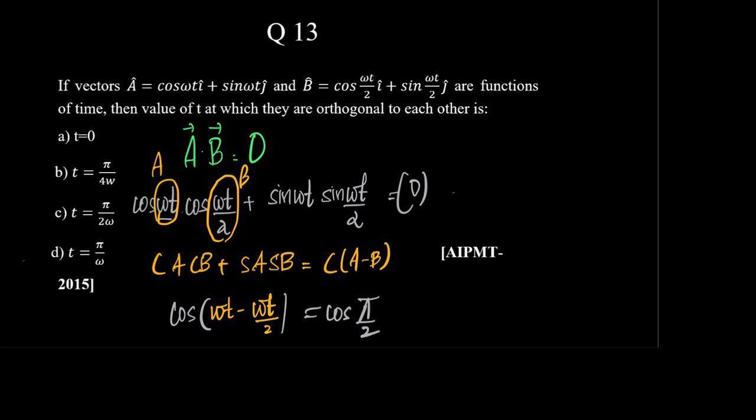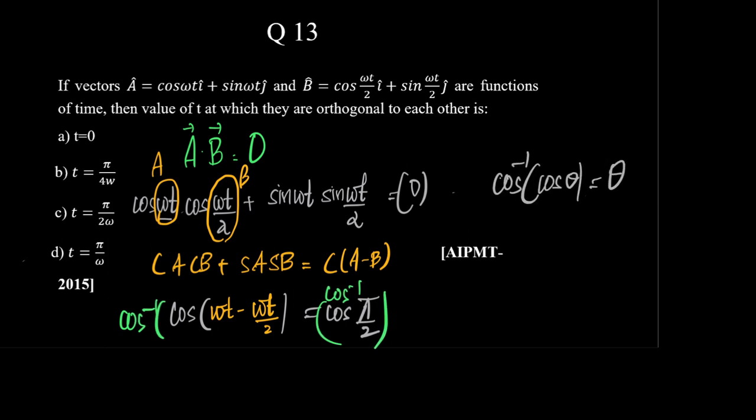So if this is the case, then we can take cos inverse on both sides. What is cos inverse cos theta? Cos inverse cos theta is equal to theta. So what we get here is omega t minus omega t by 2 is equal to pi by 2. So omega t minus omega t by 2 is 1 minus 1 by 2, which is 1 by 2.